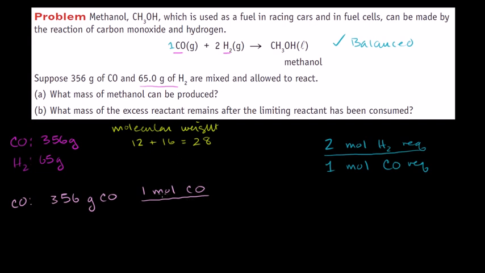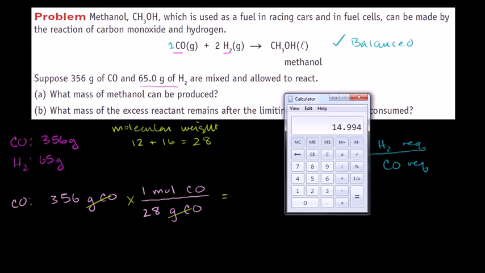So if we have a mole of them, that 6.022 times 10 to the 23rd molecules of carbon monoxide, that's going to weigh 28 grams. So 1 mole per every 28 grams. And the reason I wanted to put the grams in the denominator is so it cancels out over here. So we are left with 356 times 1 divided by 28 moles of carbon monoxide.